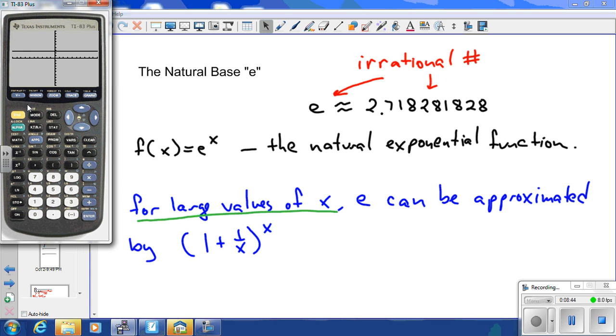at 2.718, whatever it is. Now what I want to do is beneath it, I'm going to put 1 plus the fraction 1 over x. I'm going to put that inside of another parentheses, close, close, and I'm going to take that to the x power. So I'm typing in that function.